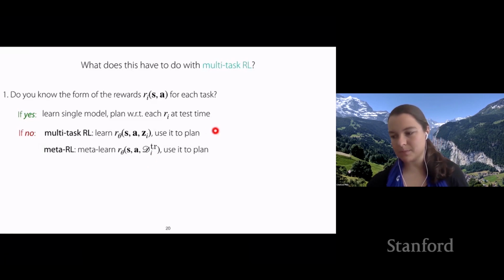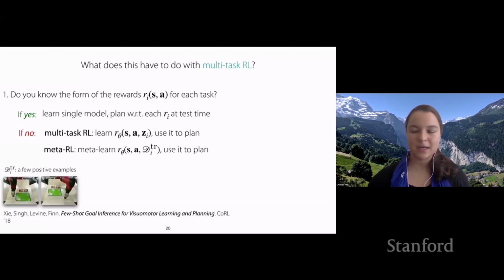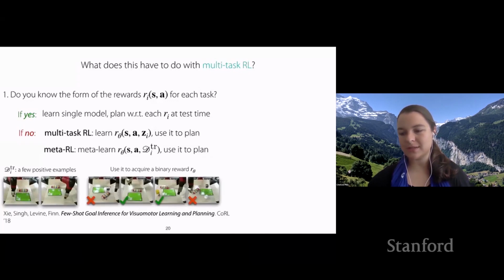And then once you get this kind of parametric form of the reward, you can use that to plan. As an example of what this looks like, say you want the robot to put this pencil case behind the notebook. We could give it a training data set that has a few positive examples, and then use this data set to acquire a success classifier, or basically a binary reward function that's 1 when it's behind and 0 otherwise.